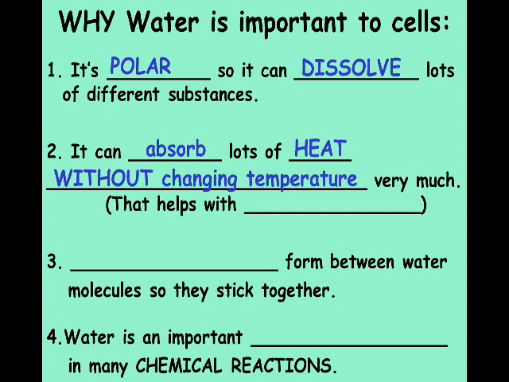Remember this vocab word? Homeostasis. Helps to maintain your stable internal environment, doesn't make your temperature change a lot, because water can take on heat without changing temperature. It's also important in climate regulation. If you're near an ocean, the ocean absorbs heat during the day when the sun shines and gives that heat back at night to moderate the temperature.